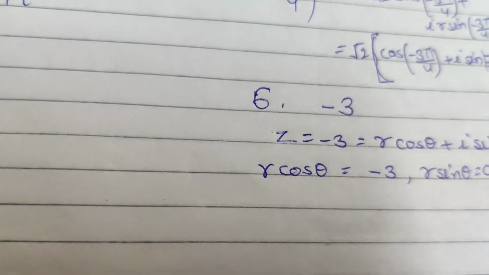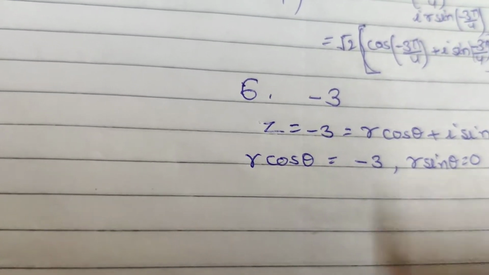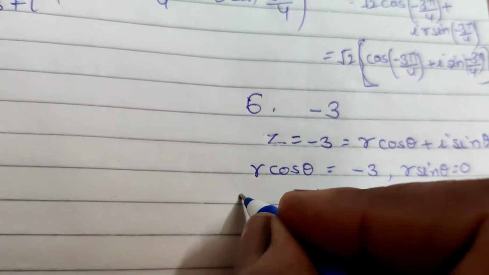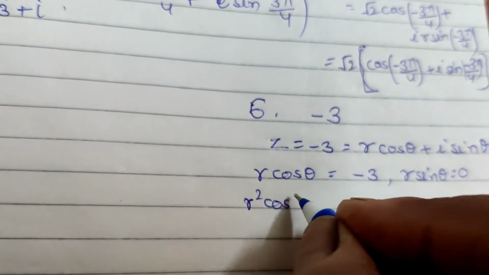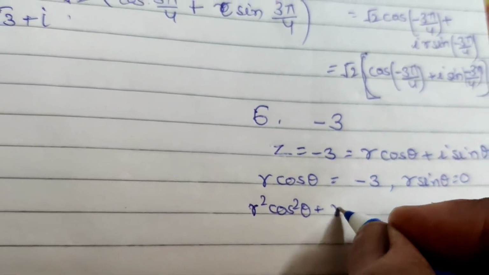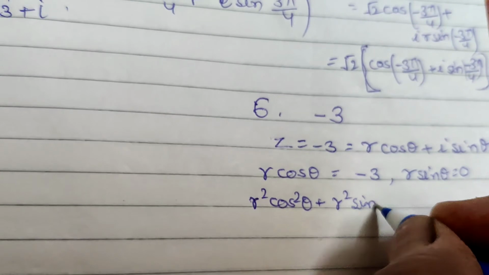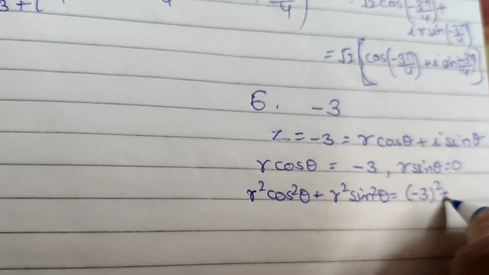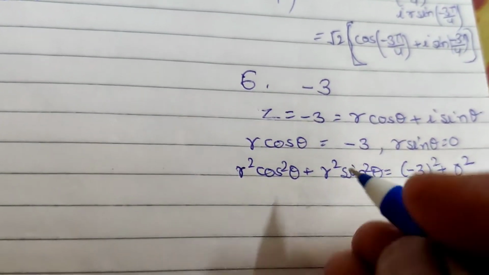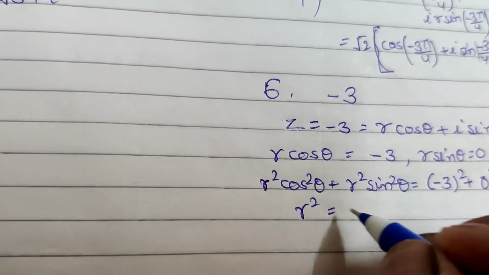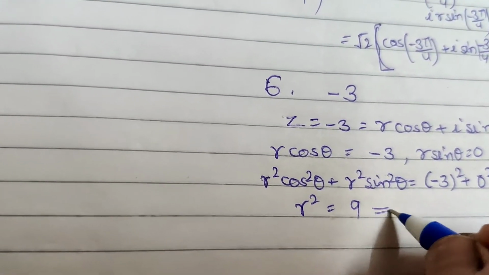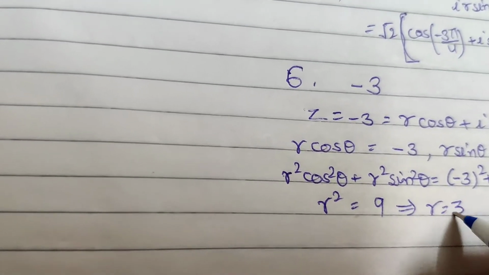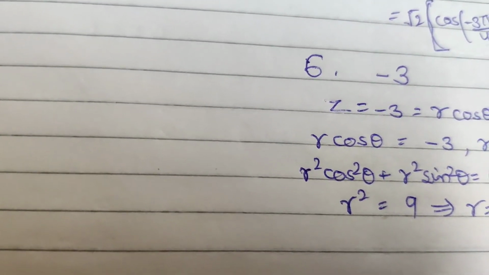Comparing the real and imaginary parts, now r square cos square theta plus r square sin square theta equal to minus 3 whole square plus 0 square. It means r square equal to 9. Therefore, r equal to 3.